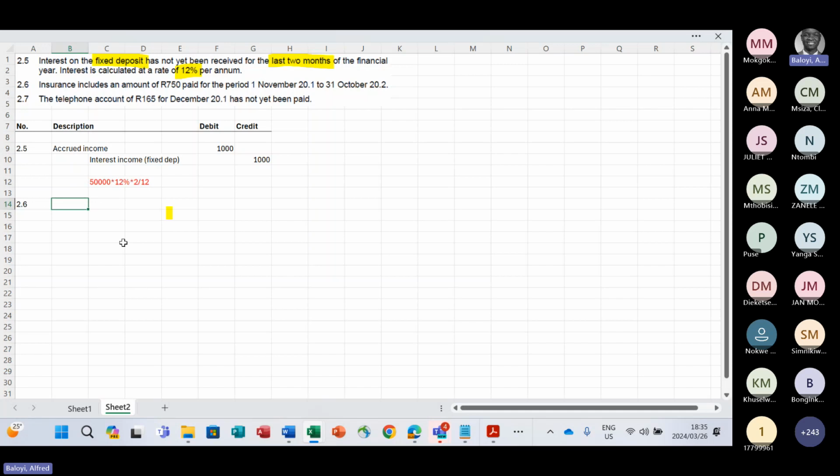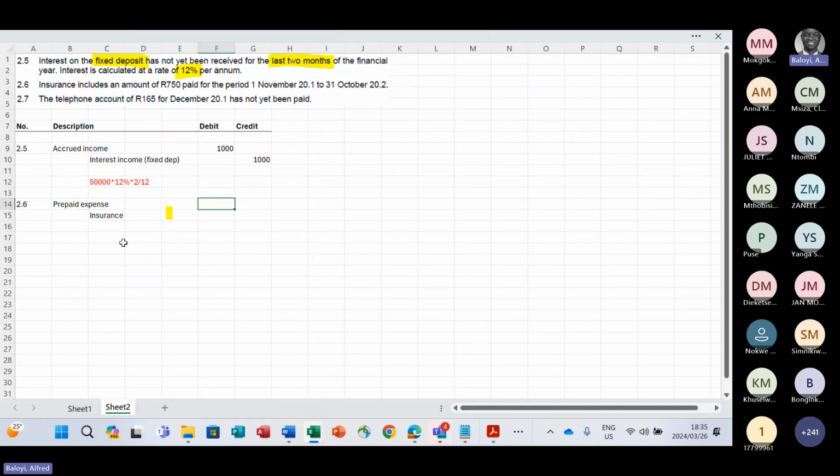If we paid more, it's a prepaid expense, right? And then this amount must be removed from the insurance account, right?